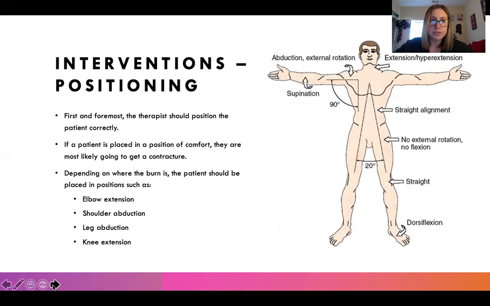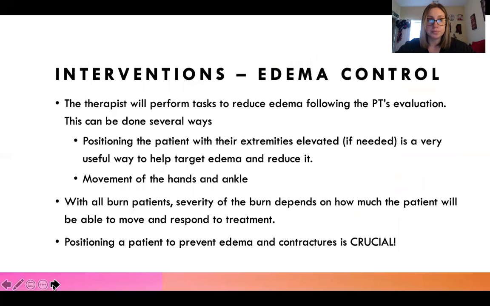Okay, so like I said, positioning. Depending on where the burn is, the patient should be in elbow extension, shoulder abduction, leg abduction, and knee extension. You can see by the picture here, this is where a patient with severe burns would be placed. And this is very important to do immediately.